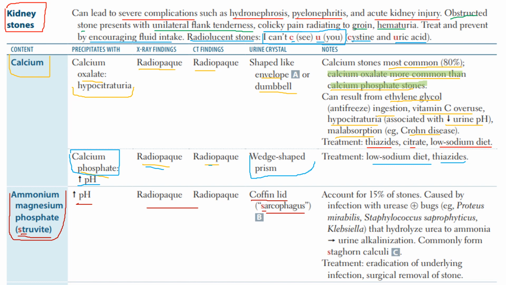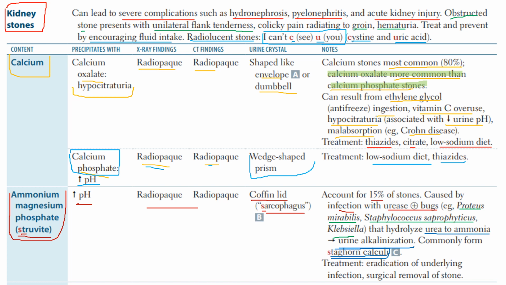It accounts for approximately 15% of all stones, caused by infection with urease-positive bugs. Examples: Proteus mirabilis, Staphylococcus saprophyticus, Klebsiella, that hydrolyze urea to ammonia, which leads to urine alkalinization, and commonly form staghorn calculi.